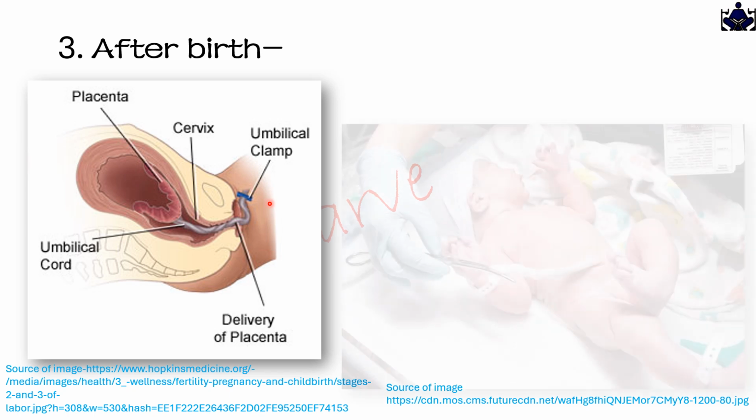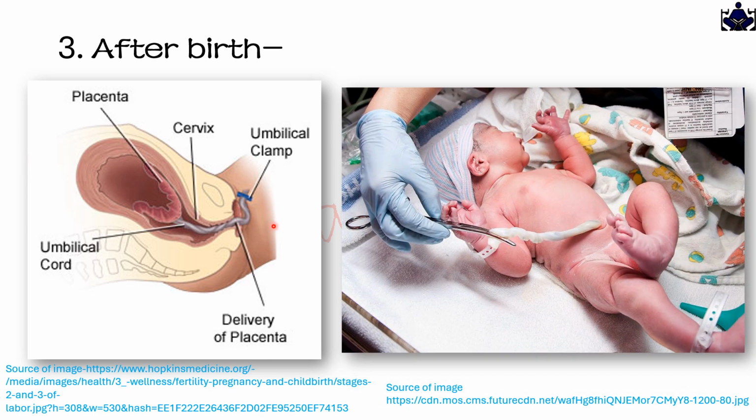When baby comes out, the umbilical cord is tied and cut off close to the baby's navel. This is how the process of parturition completes here. I hope that through this video you have understood the various physical activities that take place during parturition.